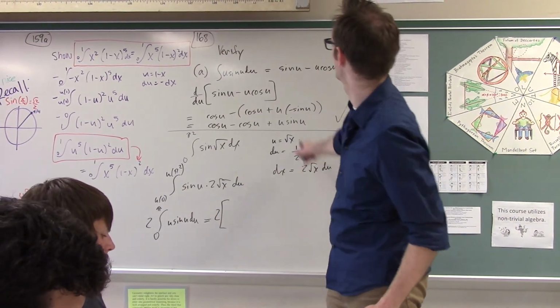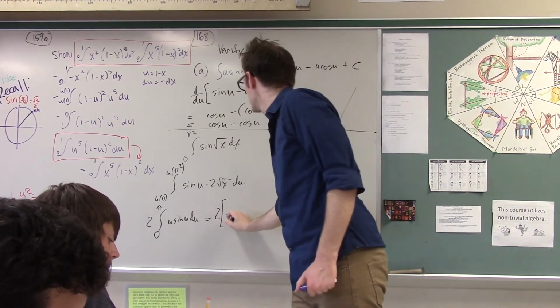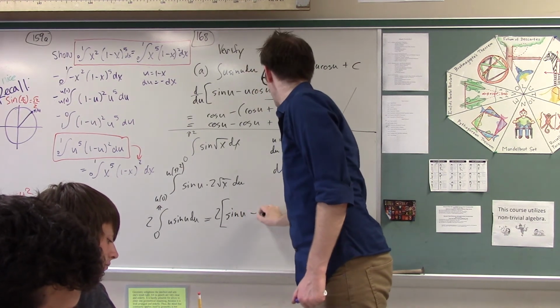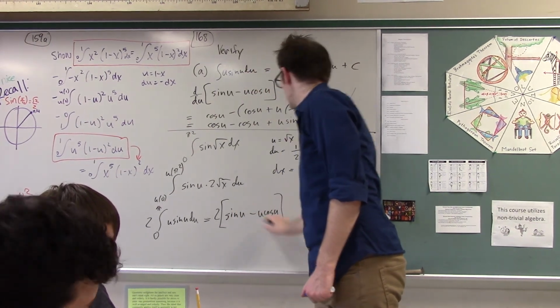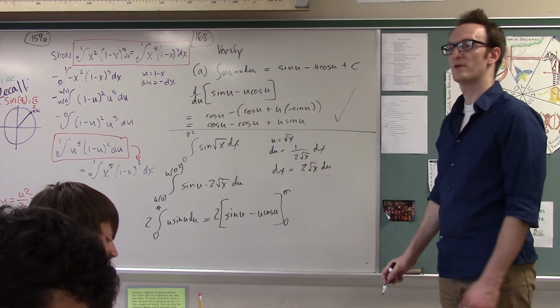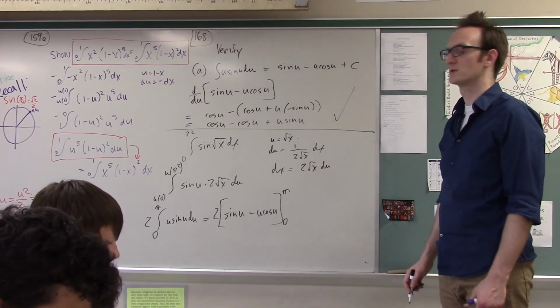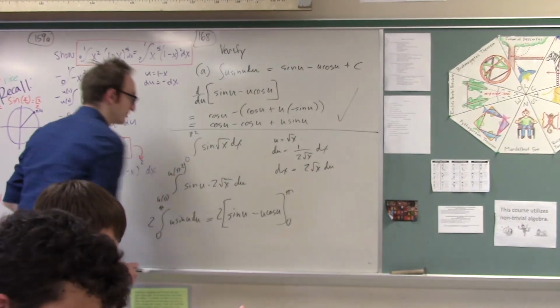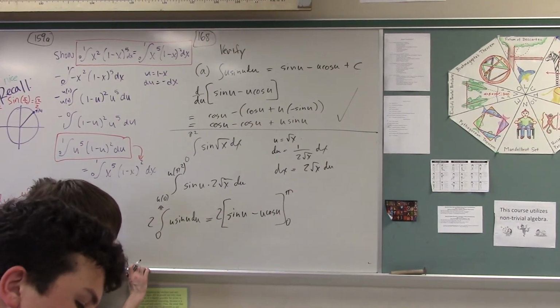the antiderivative of u sine u, which is just that, right? Sine u minus u cosine u, and I need to evaluate it at pi and 0. Following this? It's really just a two-step problem. Hey, now that you know this antiderivative, can you do this via substitution?